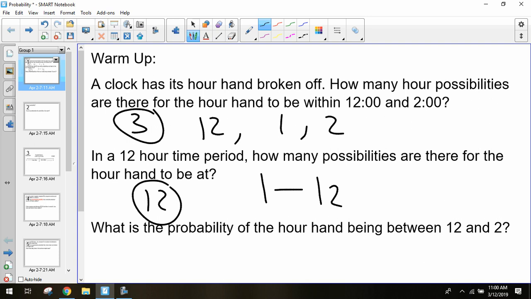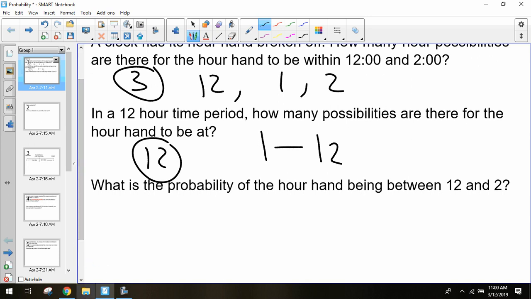So if you want to find the probability of the hour hand being between 12 and 2, how would we find that probability? What did you say, Alex? Quotient. How would you do that?